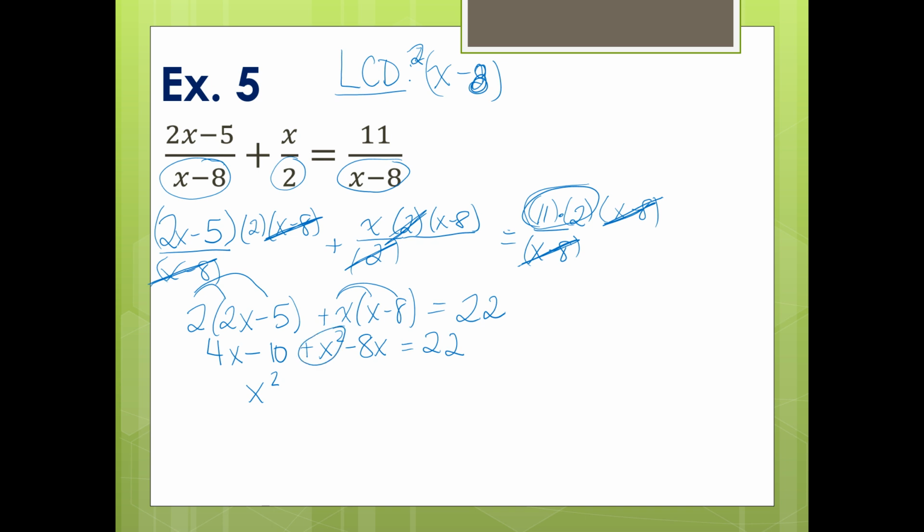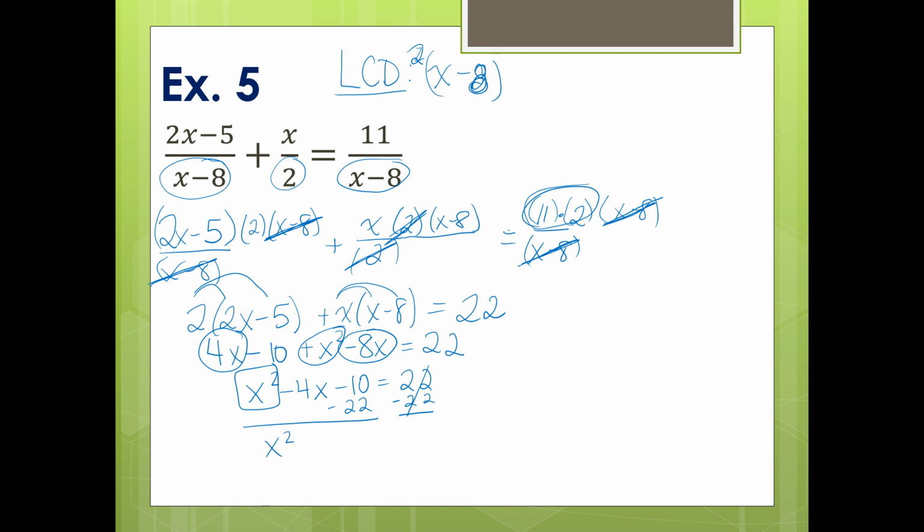Again, I like to circle things as I use them so I know. Then we have a 4x and a negative 8x. That's going to give us negative 4x. And then we have a negative 10. All of that equals 22. Now again, since it's quadratic, we want to get everything on the same side. So we're going to take this 22 and move it over.